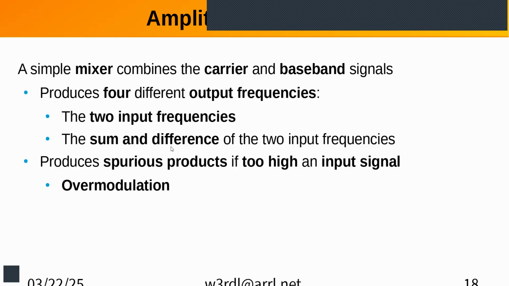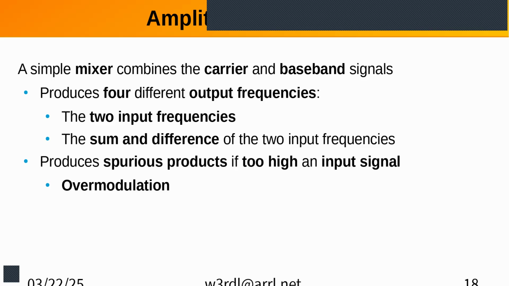That's a simple explanation. Turns out you actually get the sum and difference of the fundamental and the modulation, and then the sum and difference of the harmonics and the modulation. Remember, we showed that intermodulation chart with all the frequencies, F2 minus F1 and all that stuff. You actually get all of those things.